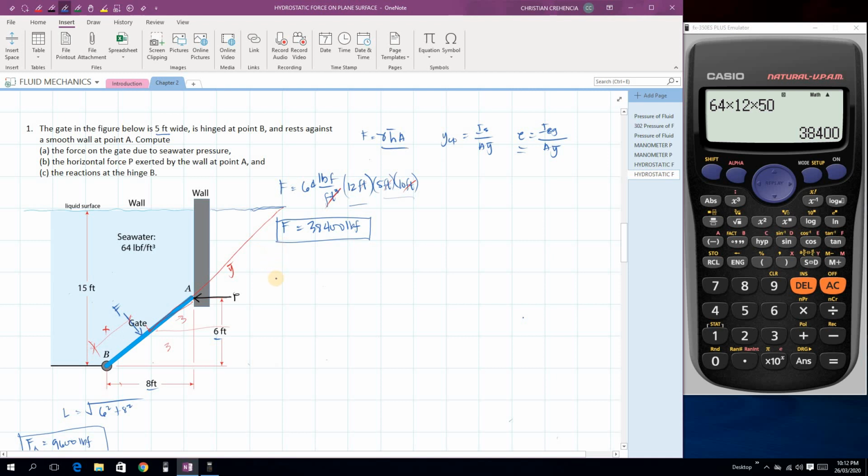Okay. So, paano natin makuha yun? So, pwedeng mag-ratio and proportion na lang. So, meron tayong triangle dito. So, this is 6, 8, then this is 10. Okay. So, 6 feet over yung hypotenuse ng triangle natin dito is 10. So, that is equal to yung vertical height.